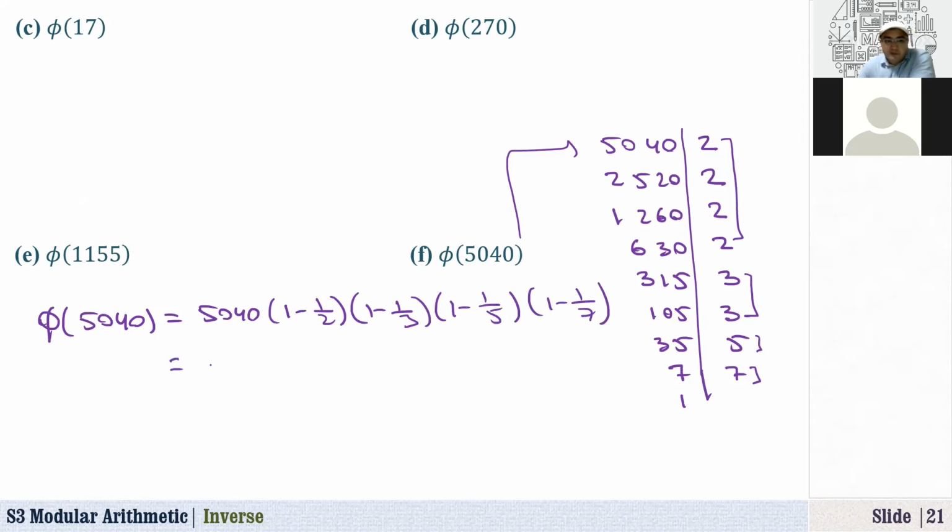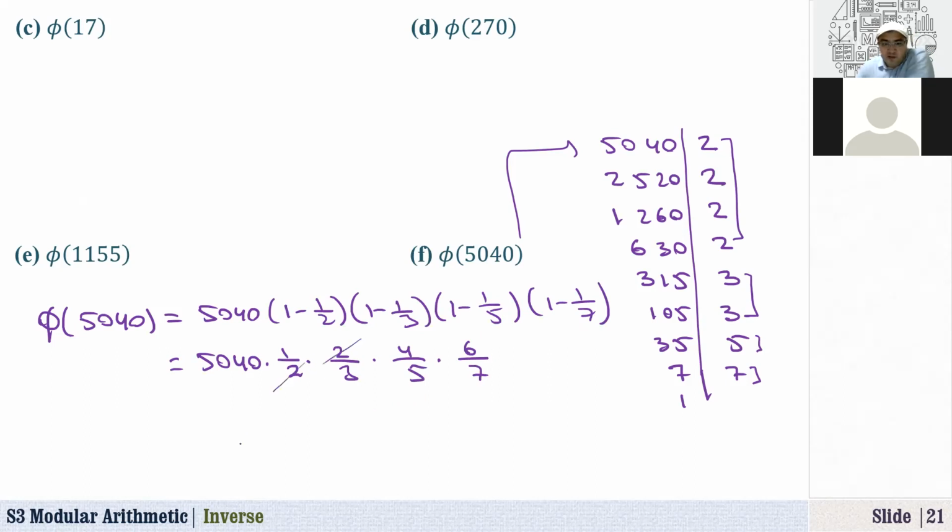That is equal to 5040 times 1 over 2 times 2 over 3 times 4 over 5 times 6 over 7.